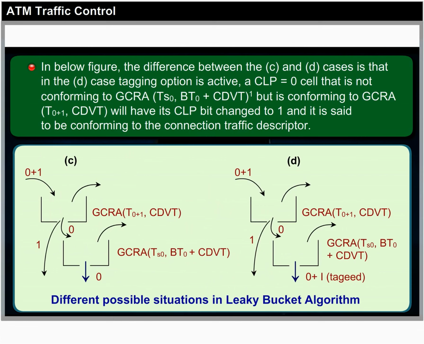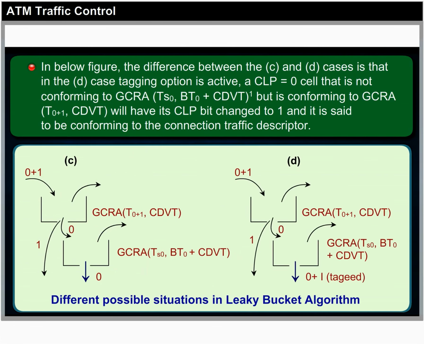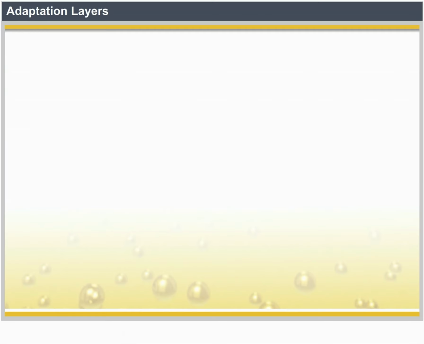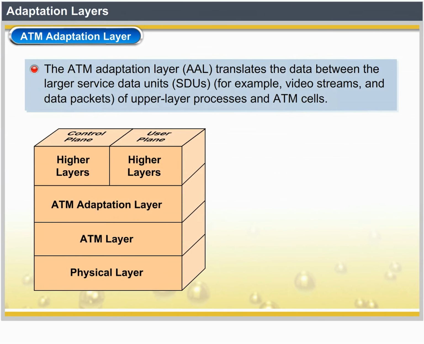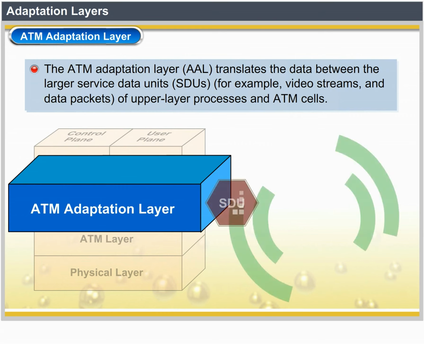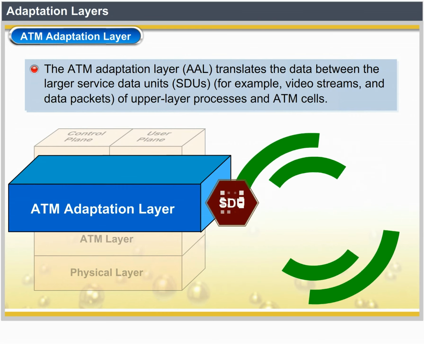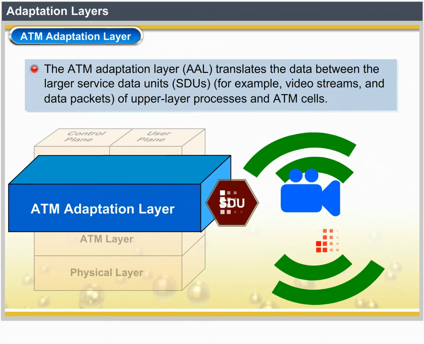The ATM adaptation layer, AAL, interfaces the higher layer protocols to the ATM layer. It relays ATM cells both from the upper layers to the ATM layer and vice versa. When relaying information received from the higher layers to the ATM layer, the AAL segments the data into ATM cells.